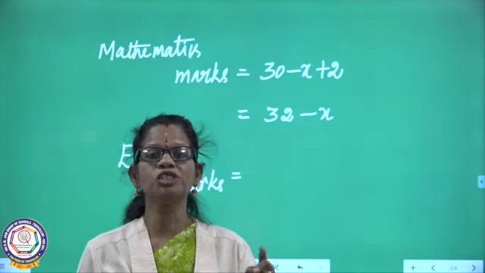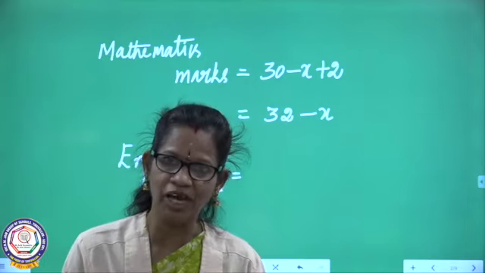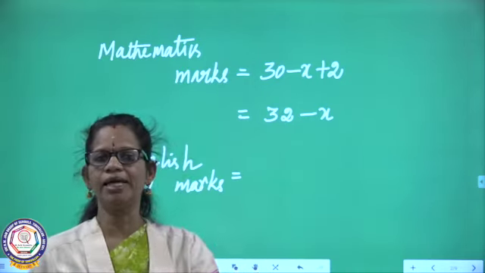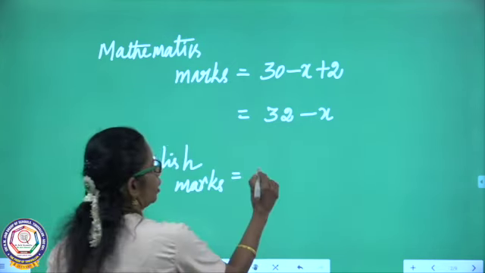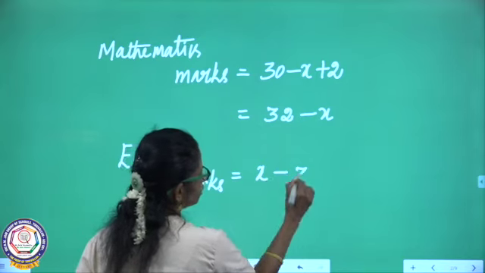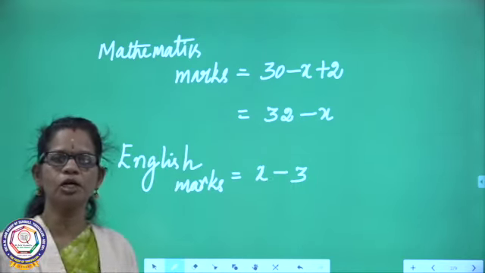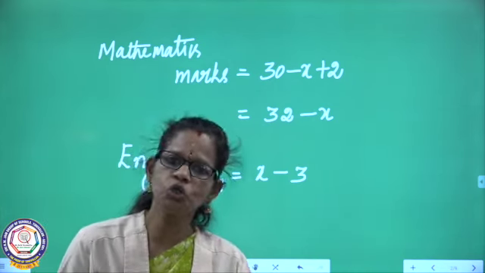Then you can say 8 marks. How did you say 8? 10 minus 2. The same way, here the English mark is x, 3 marks less. That means you can say x minus 3. The second statement is over. Now we will pass on to the next. The product of their marks is 210.